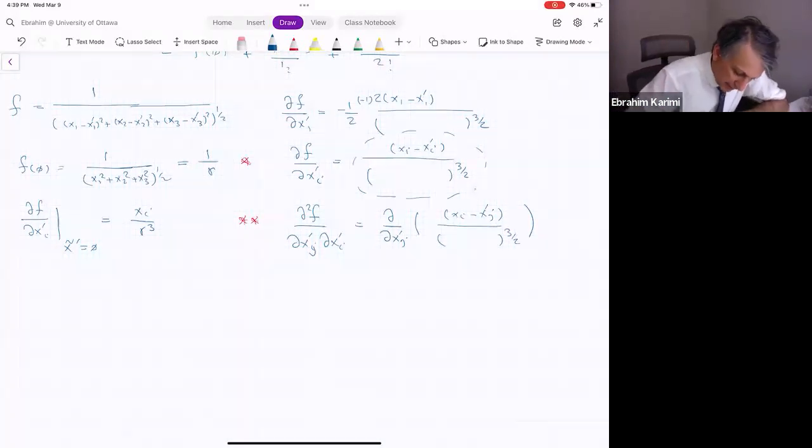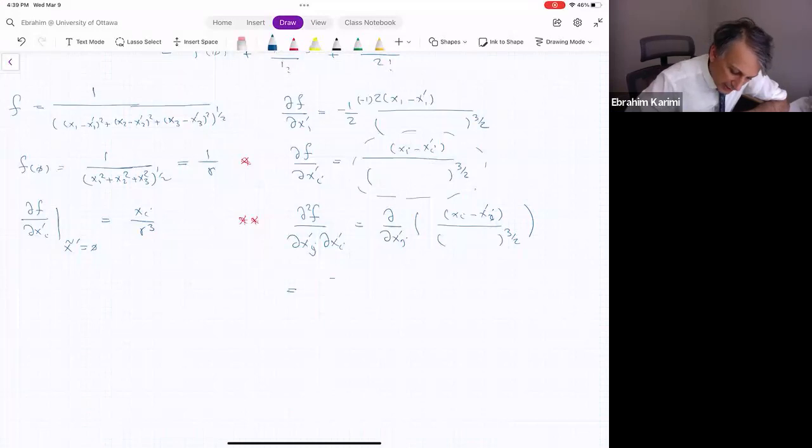Okay, so let's do the mathematics. It's two functions. The first derivative will be the derivative of (xi minus x prime i) with respect to x prime j. What will be the result? Exactly, it's a delta function.